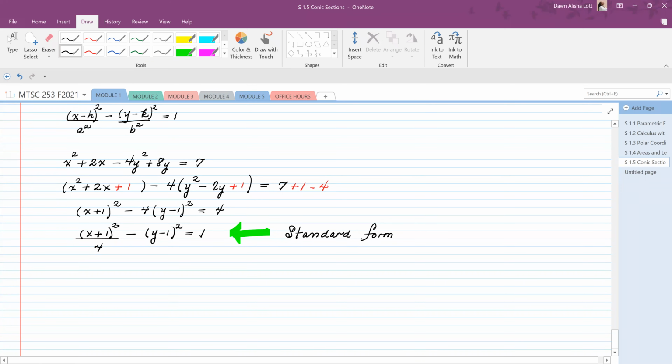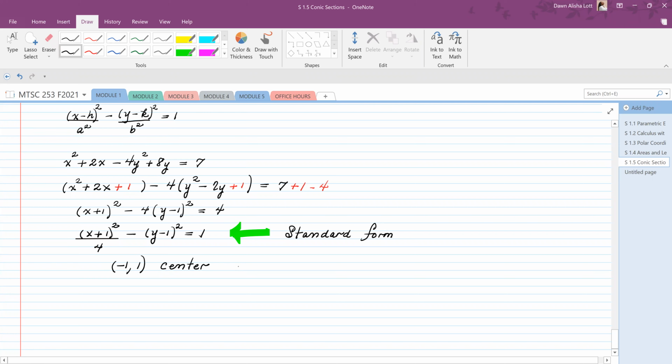And in the standard form, I can see that this is x minus a negative 1 and y minus 1. So this is my center. Okay.